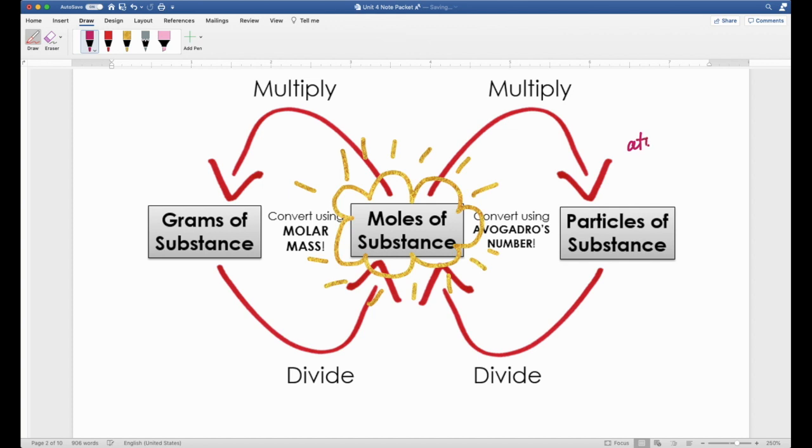Particles could be atoms. Particles could be molecules. Particles could be formula units. Particles could be unicorns. It doesn't matter. 1 mole of anything contains 6.02 times 10 to the 23rd things. So don't let any type of particle get you unsure of what you're doing, because 1 mole of anything is always Avogadro's number of things.